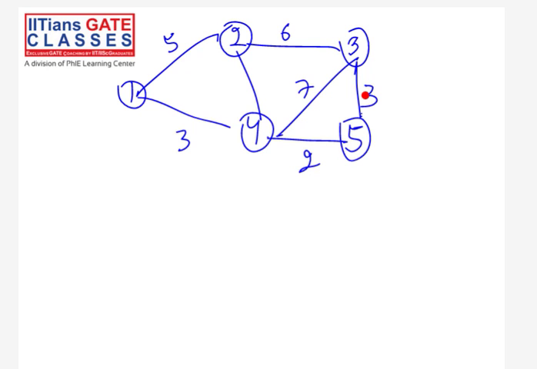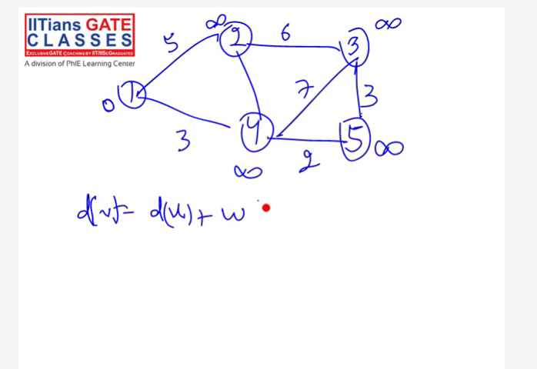You use the same algorithm: you initialize the source as 0 and the remaining as infinity. Now please understand the update equation: d(v) is equal to d(u) plus weight of (u, v).